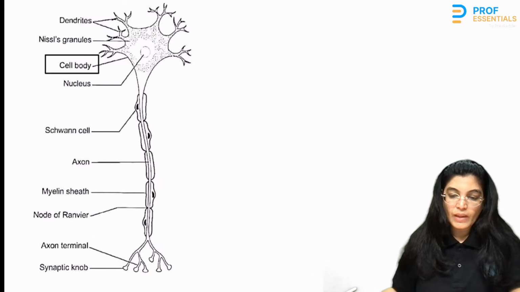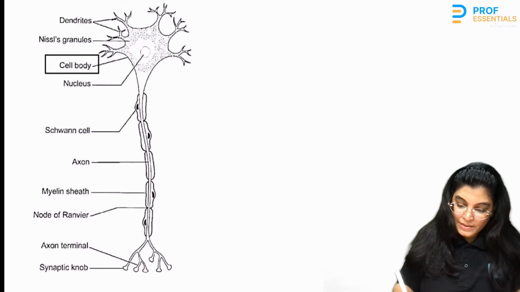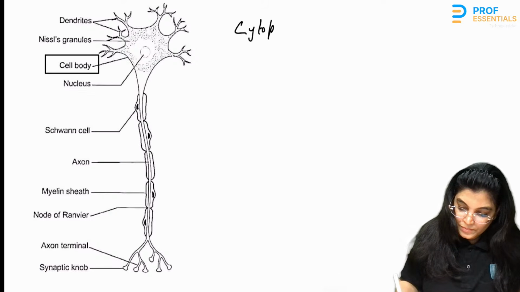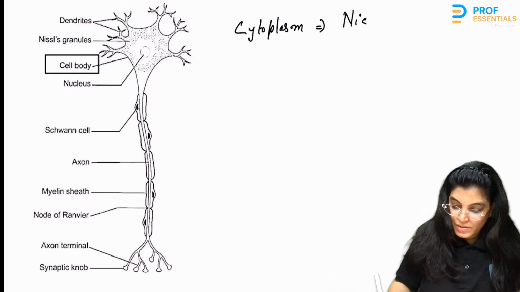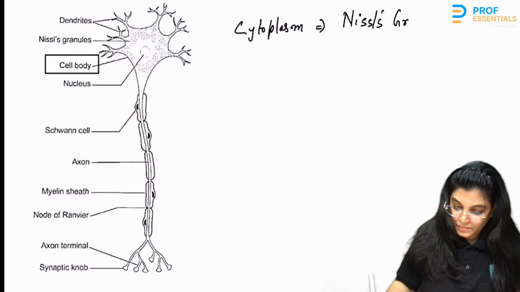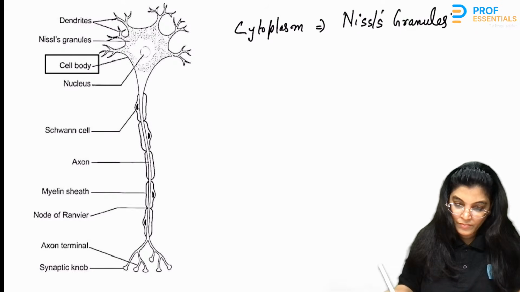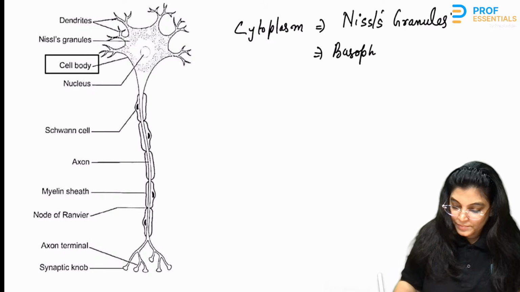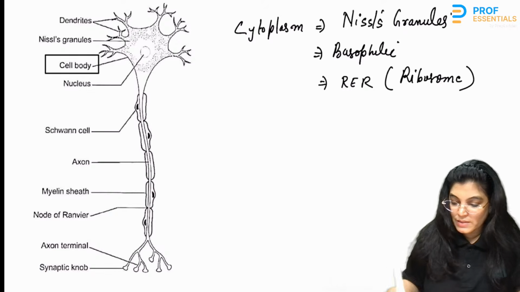Let's write: the cytoplasm of the cell body contains Nissl granules, the appearance is basophilic, and it contains rough endoplasmic reticulum containing ribosomes, important for protein synthesis.